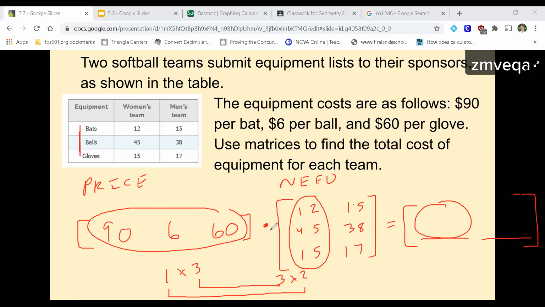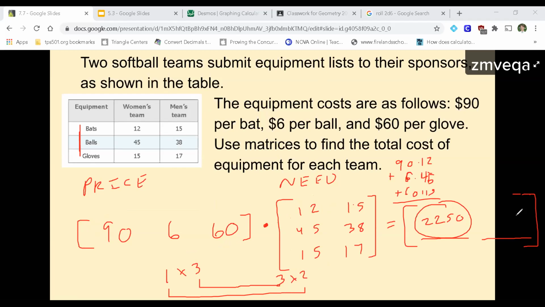So if I do that, 90 times 12 plus 6 times 45 plus 60 times 15, I get 2,250. All right, so that's how much it costs to equip the women's team.